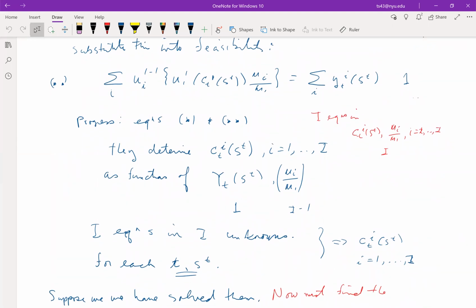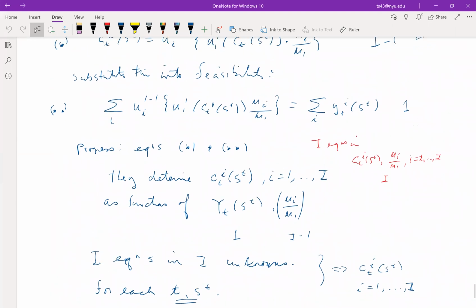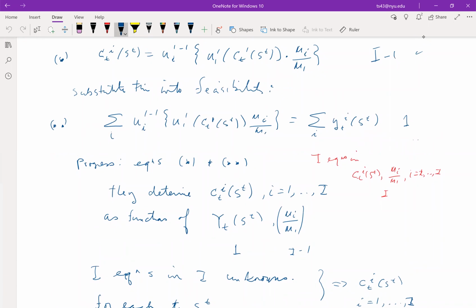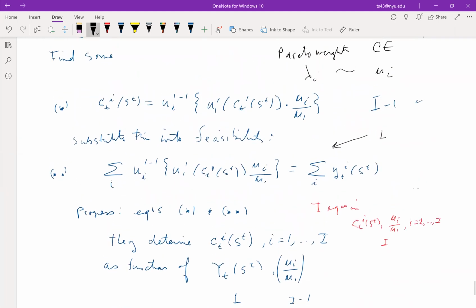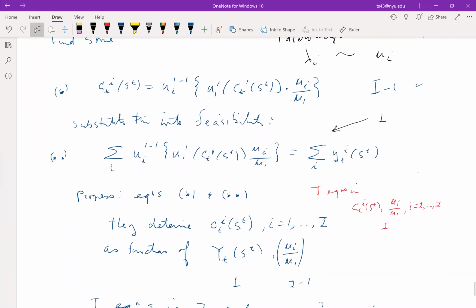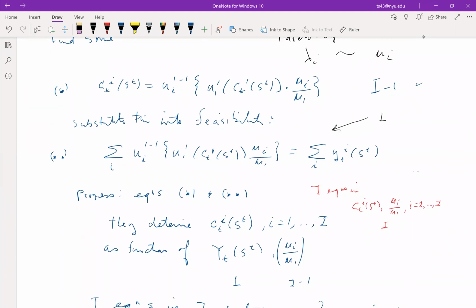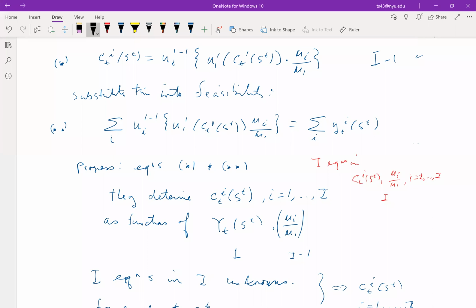How many equations do we have here? Let's do the counting in black. There's going to be one of these equations for, like we said, this pair of equations, as we said before.